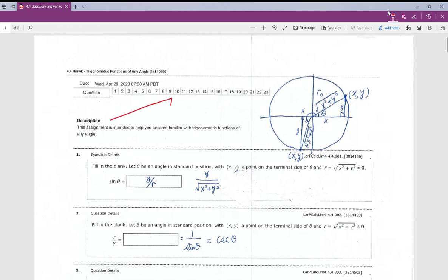If you have a right triangle with the angle theta, sometimes we call this the opposite side, opposite to the reference angle, and the other side we call the adjacent side, and this will be the hypotenuse, or if inside the circle, then we say it's a radius r.